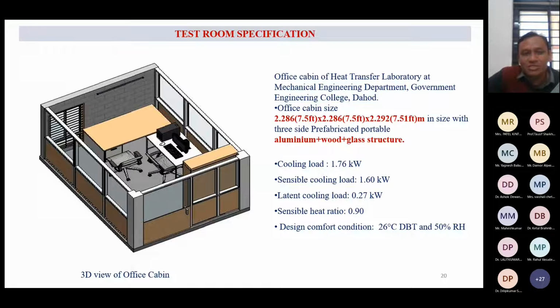Accordingly, I have designed these systems for the particular office. Our main objective is how to minimize the power consumption with the help of these desiccant cooling systems.